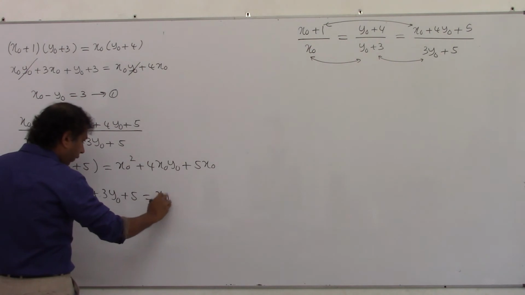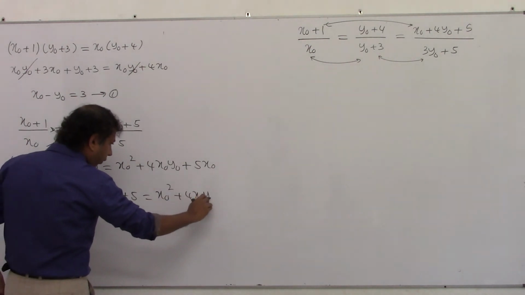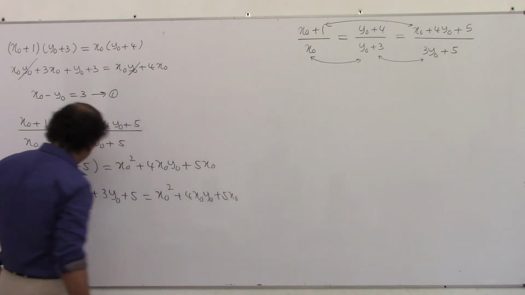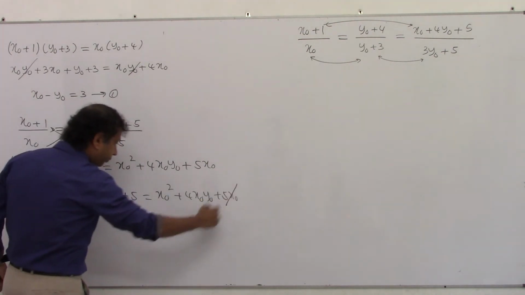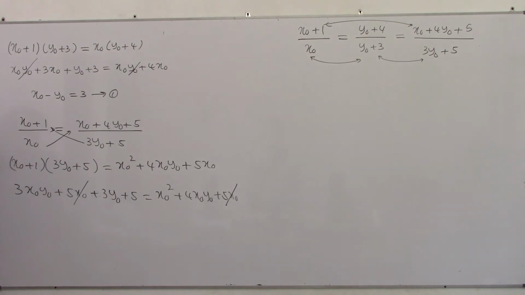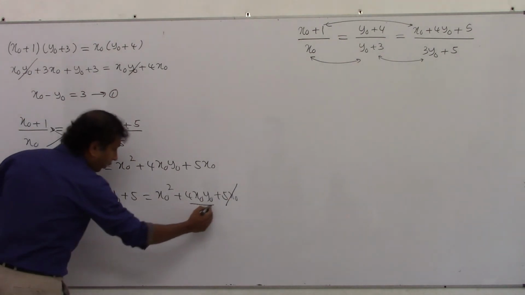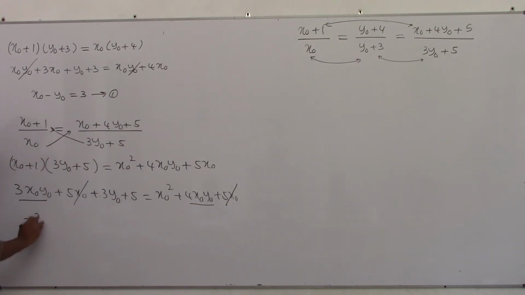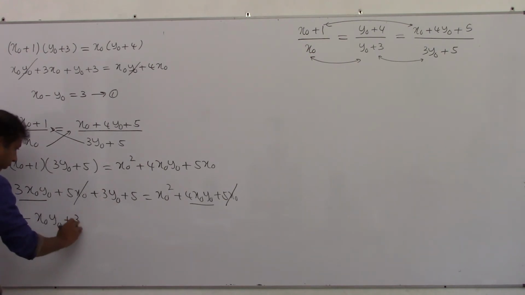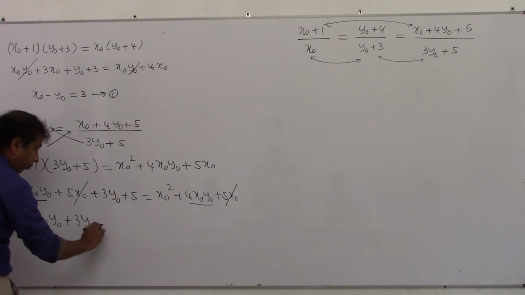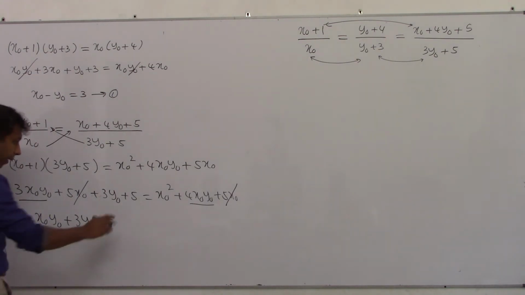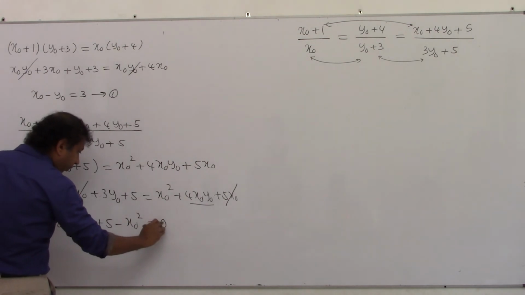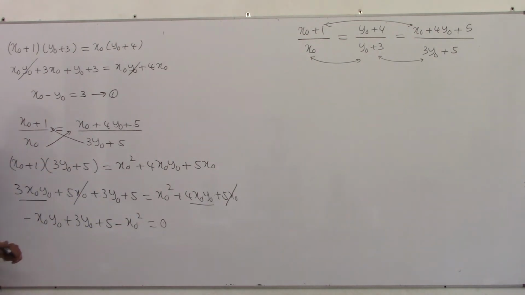Right hand side: x naught squared plus 4x naught y naught plus 5x naught. These two you can cancel down. Right. Now you can bring all the terms to the left hand side. Then this 3x naught y naught and this 4x naught y naught, together minus x naught y naught. And here 3y naught plus 5 and minus x naught squared equals 0.